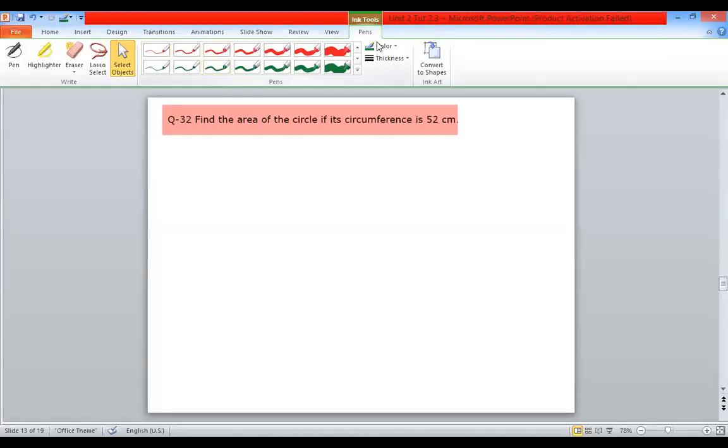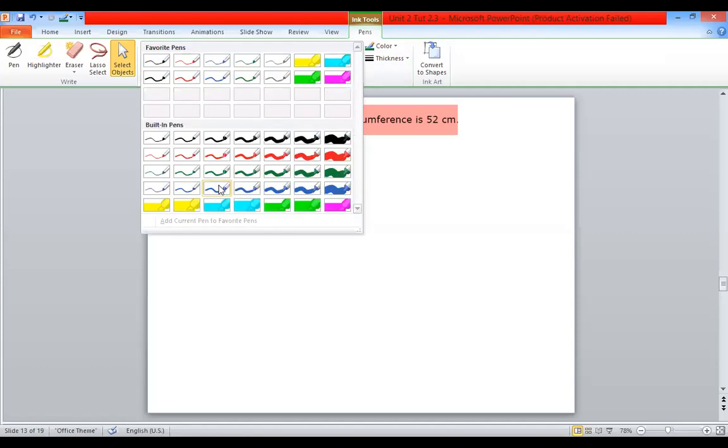First of all, you can make r the subject and put the value of r in the following equation of area. So what is the circumference? This is 52, and what is the radius and what is the area?